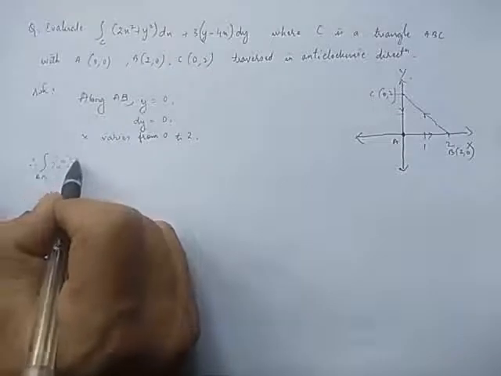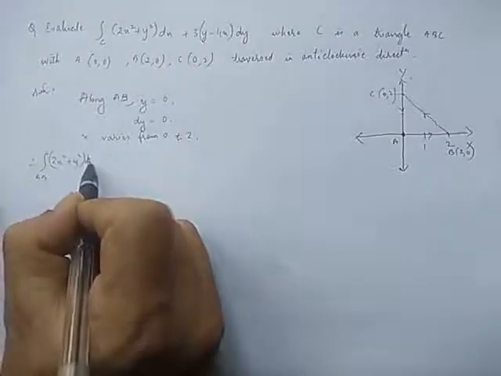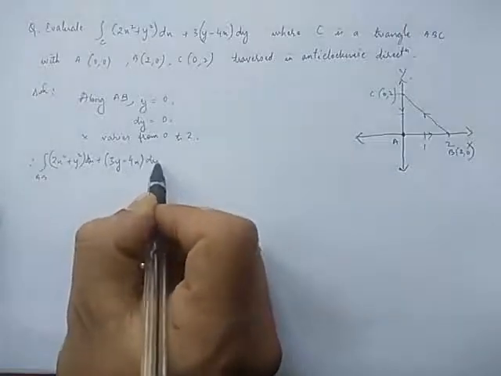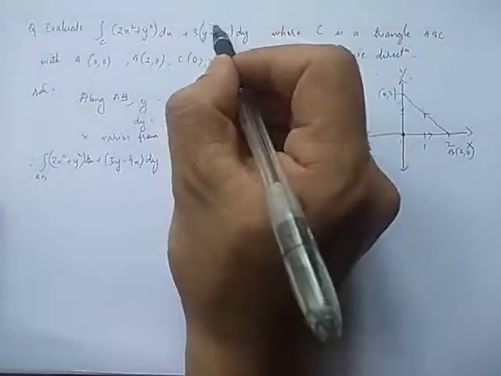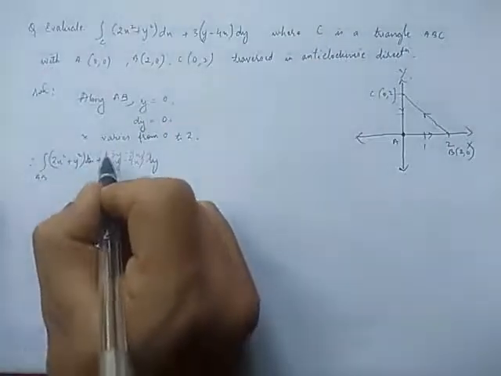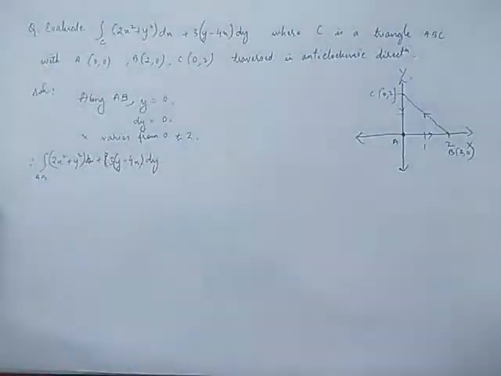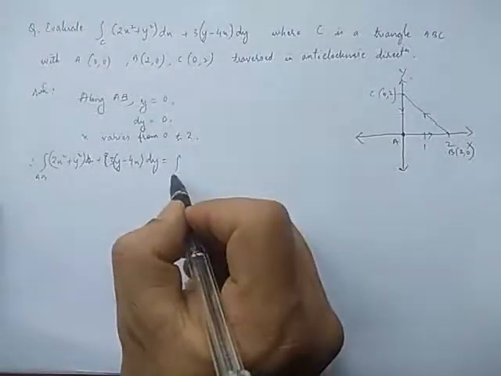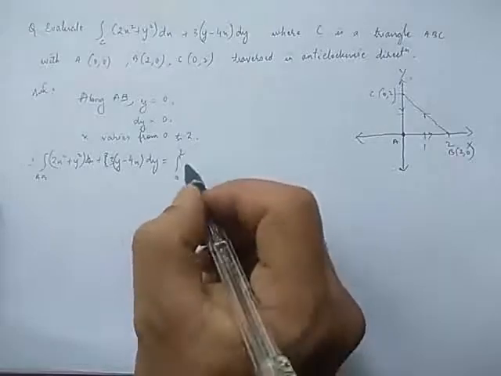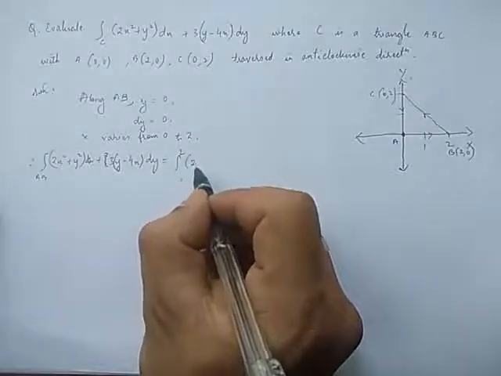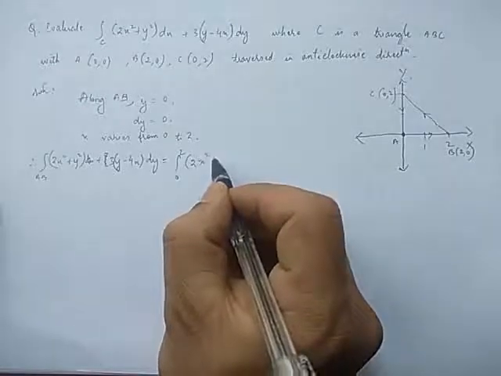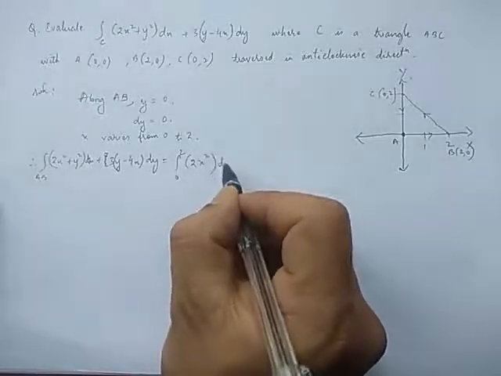So therefore my integration over AB, 2x squared plus y squared dx plus 3y minus 4x dy. Sorry, my 3 must be here. This one is equal to the integral from 0 to 2 of 2 into x squared plus 0 dx.